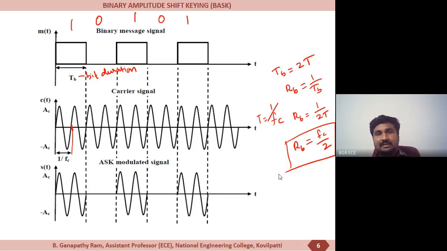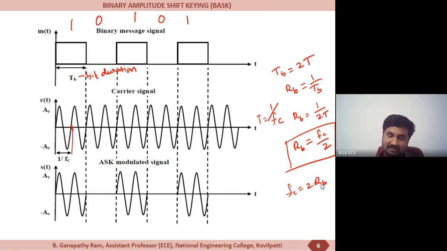That means 2 carrier cycles are carrying 1 bit of information, that is, Fc is equal to 2 into RB.